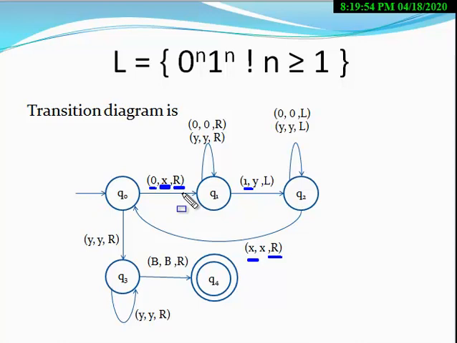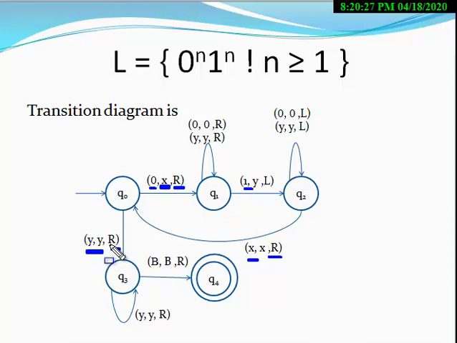As soon as all the 0s are removed from the tape at the state Q0, the machine encounters the tape symbol Y. As soon as the machine encounters the tape symbol Y, the machine moves from Q0 to the Q3 state, and the head of the machine also moves to the right direction.